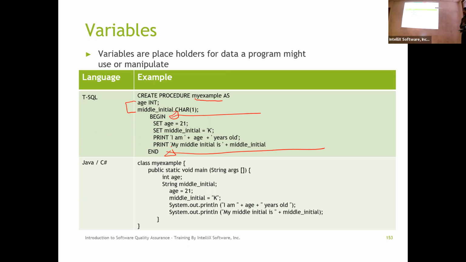The second one is setting my middle initial as K. And the next two are printing that information on the screen. The first one says, I am, and then it puts in whatever the age is and says I'm years old.